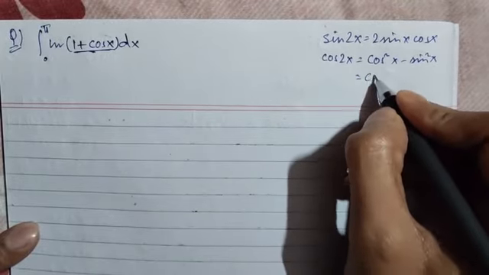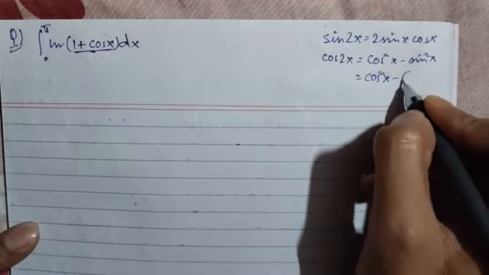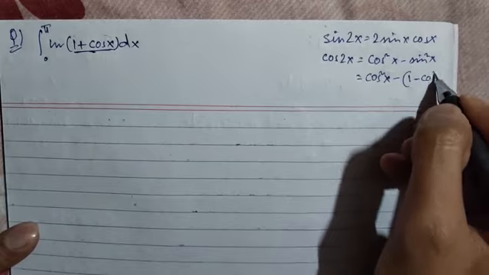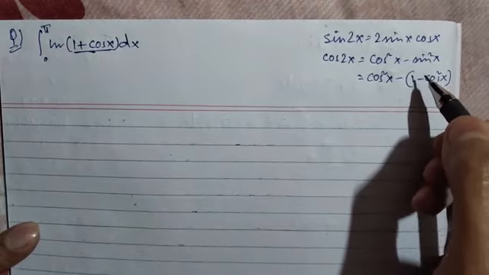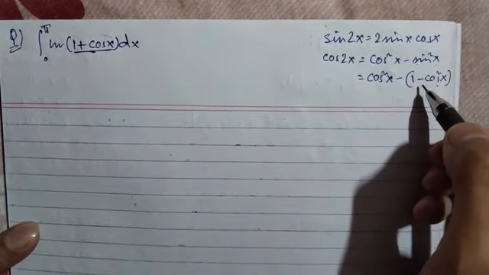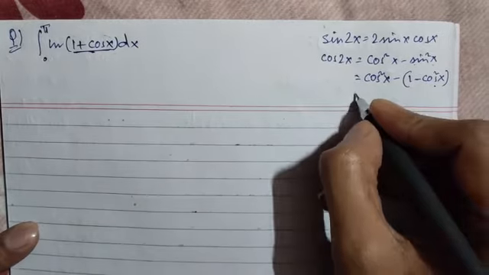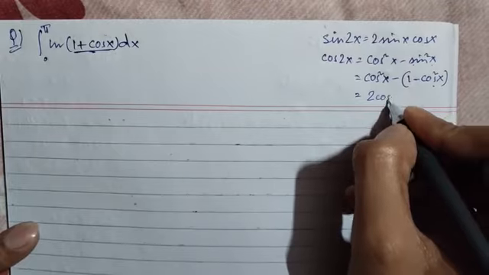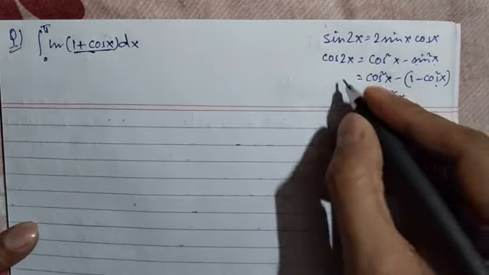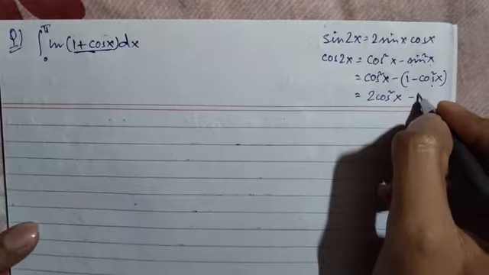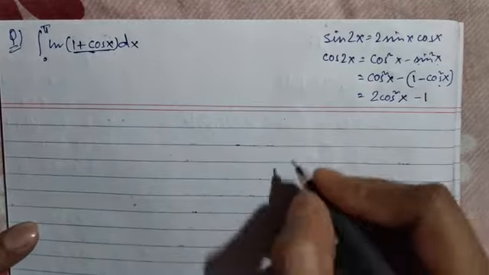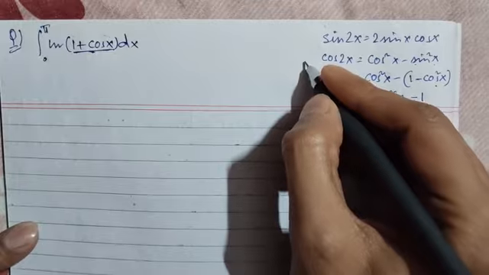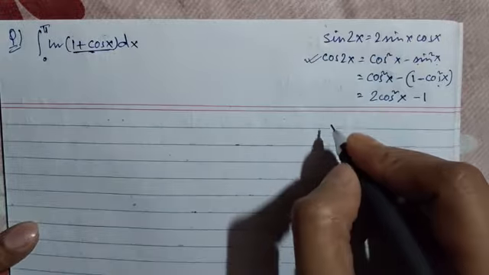Now we can write it as cos² x minus (1 minus cos² x), as we know sin² x + cos² x equals 1. From here we derive cos 2x equals 2 cos² x minus 1. This is the formula of cos 2x for multiple angles.